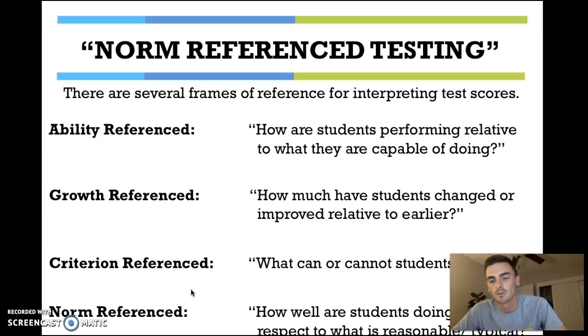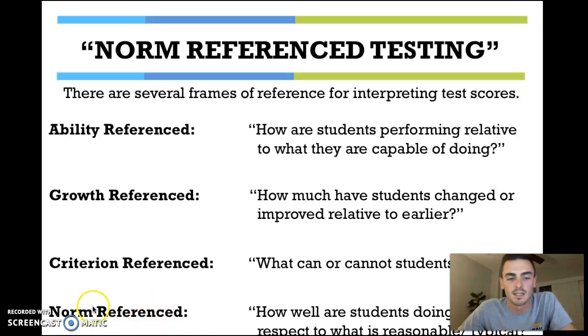This is where you'd have kids take a test 3 times in a year and see how their reading comprehension improves. At Fremont Public Schools, we do MAPS testing where they take it in 3rd, 5th, and 7th grade, and you see how they're growing in different fields of mathematics and scientific problem solving. Criterion reference testing is just us evaluating what students can or cannot do.